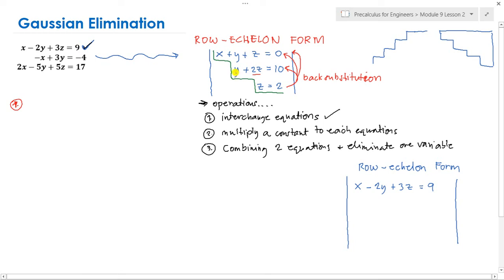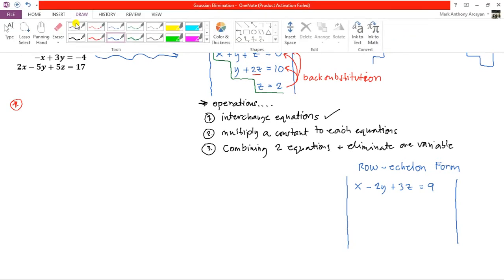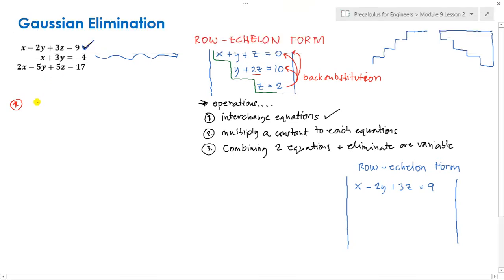Now, to get the second equation, we can use these operations: either interchanging, multiplying, or combining. I'm going to choose combining equations. It is better if we label them. Let's say this is equation 1, this one is equation 2, and this one is equation 3.